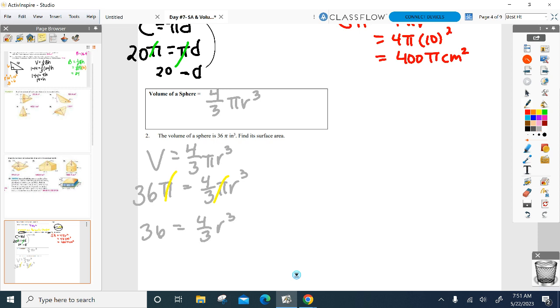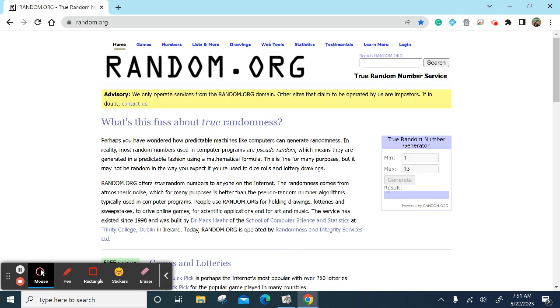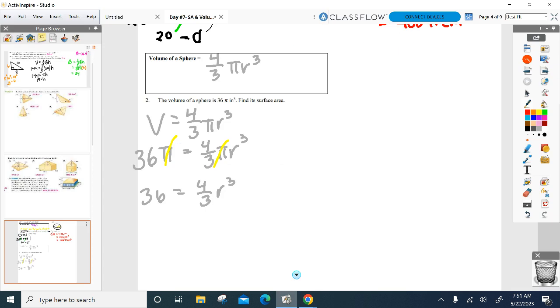All right, what would be your next move here algebraically? Divide by 4/3. Yep. Or if anybody wanted to multiply by 3/4, I don't care. Both are going to get the job done. Divide by 4/3, multiply by 3/4.